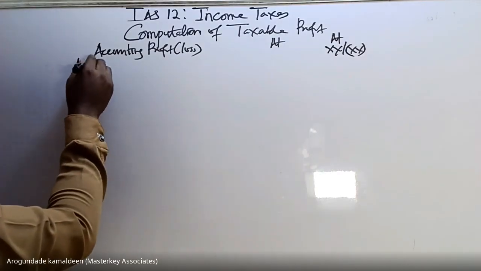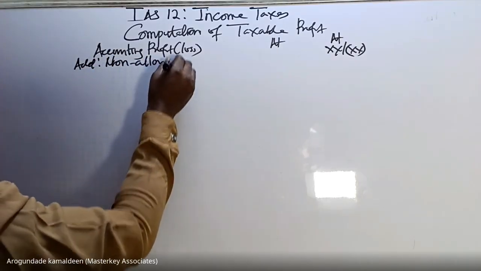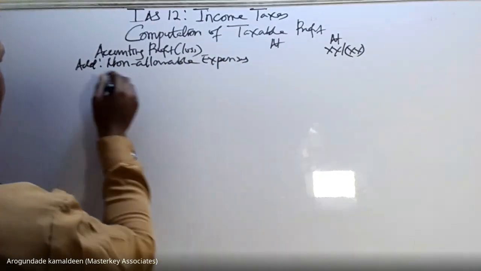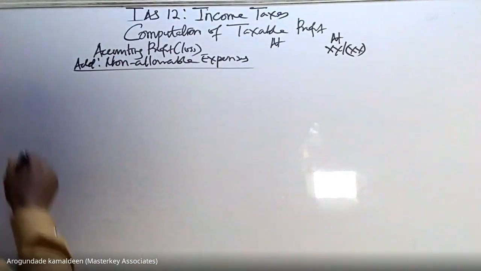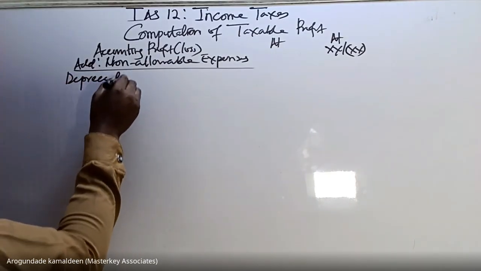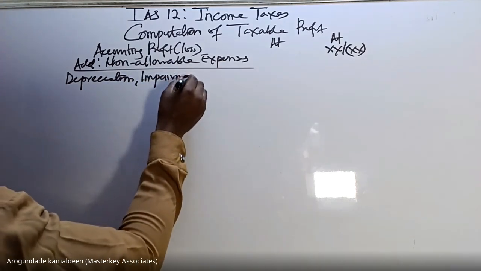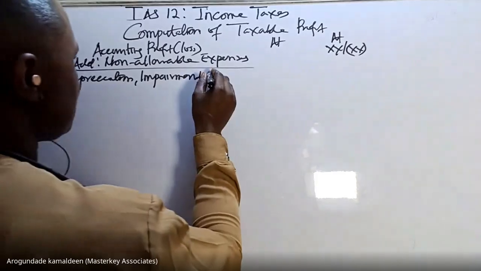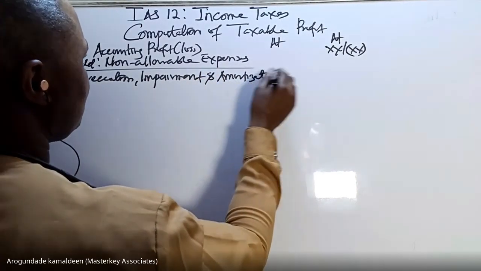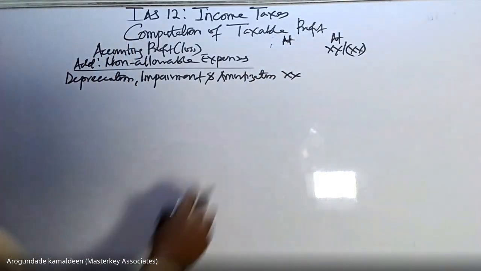Add not allowable expenses, e.g., depreciation, impairment, and amortization. You are adding them back. These are non-cash expenses.